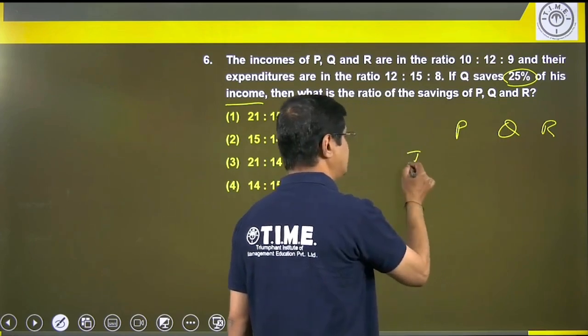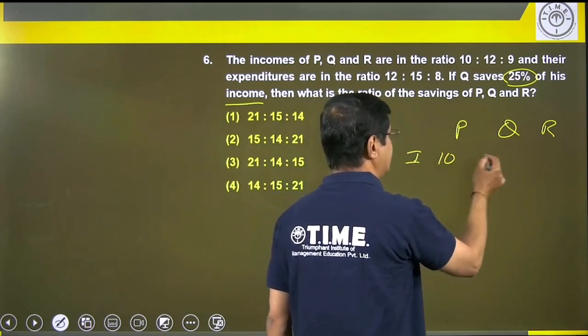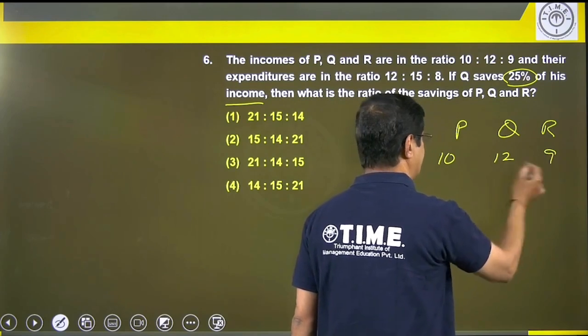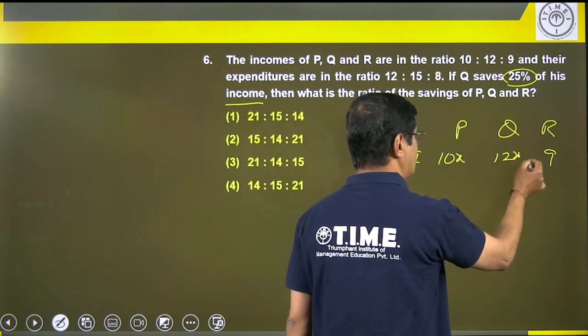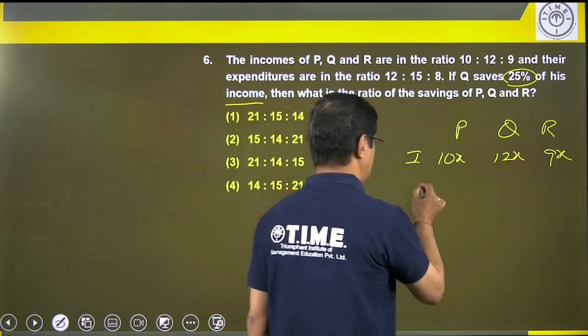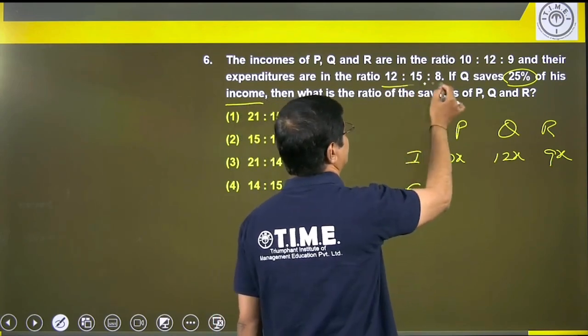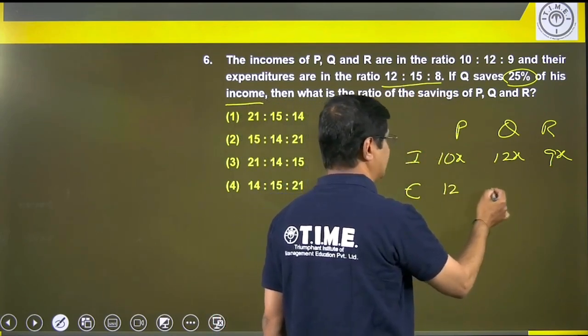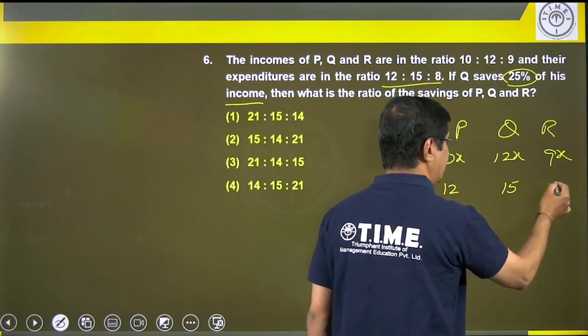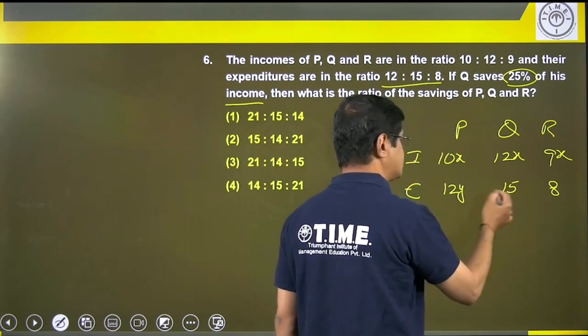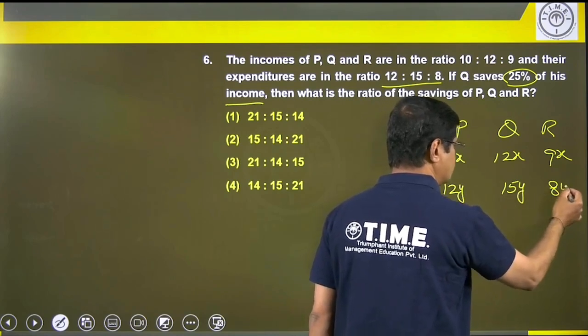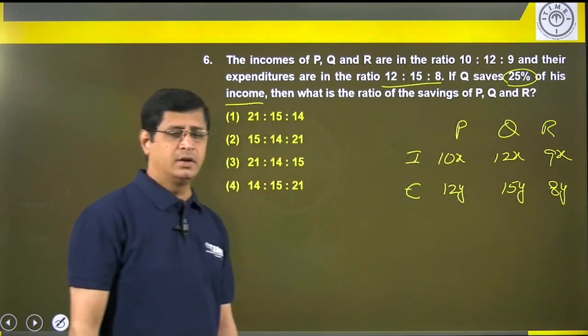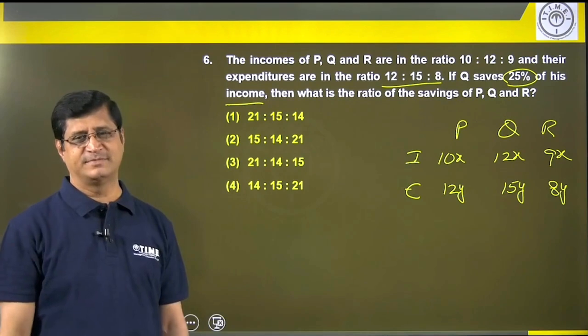What about the incomes here? 10:12:9. I am using here 10x, 12x, 9x. What about the expenditures? Ratio 12:15:8 means the values are 12y, 15y and 8y.